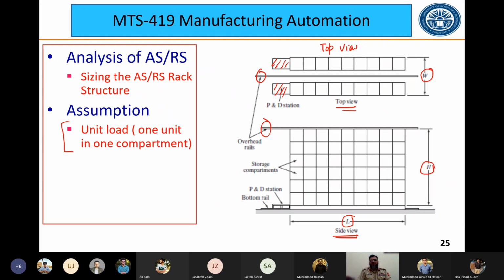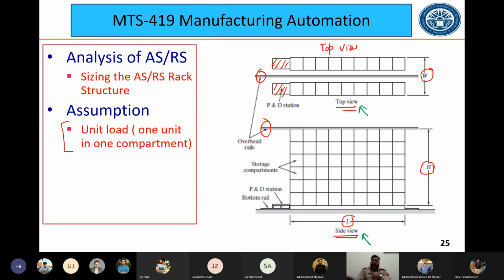Now I will go to the next one. This is the side view, which is underneath, in which you can see the L and H dimensions, and this is the top view in which you can see the W dimension.